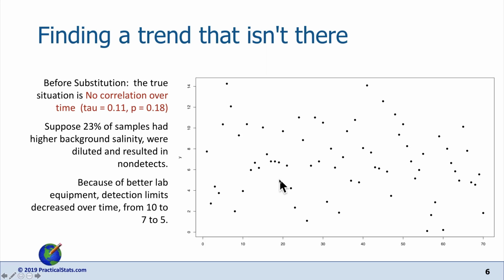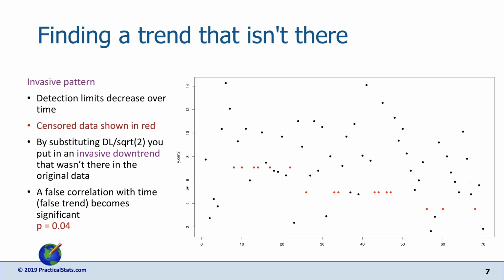And on top of that, because of better equipment, detection limits tend to go down over time. So here I've put in detection limits of 10, 7, and 5. And then I used 1 over the square root of 2 just to be different.